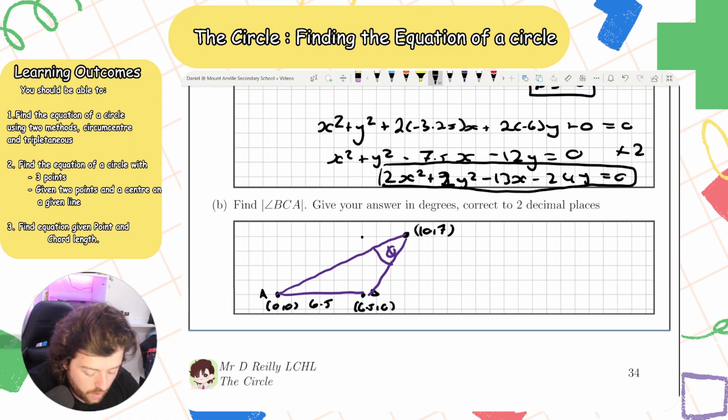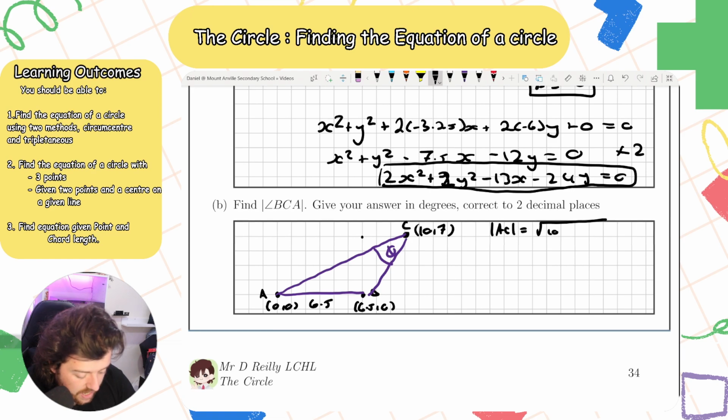And then we are going to probably end up using the cosine rule. So I need to find the distance from A to C. The distance from A to C is the square root of 10 minus 0 squared plus 7 minus 0 squared, which is root 149.